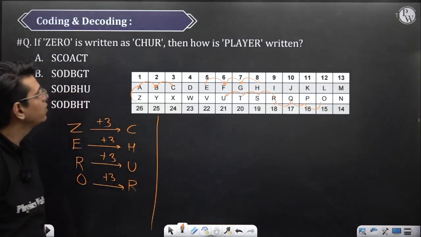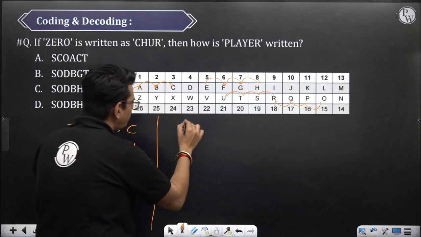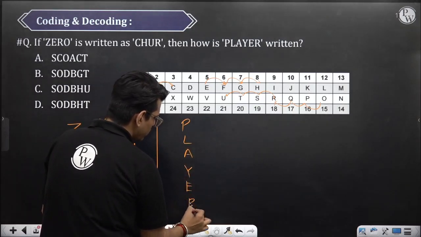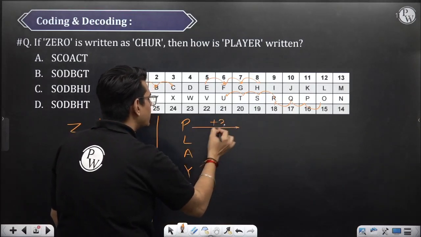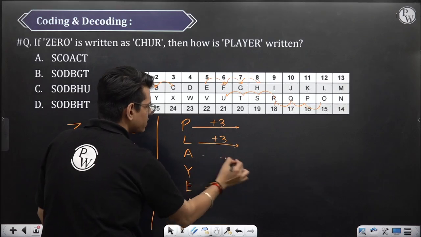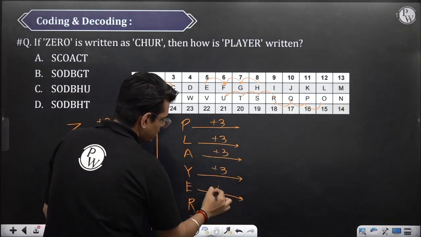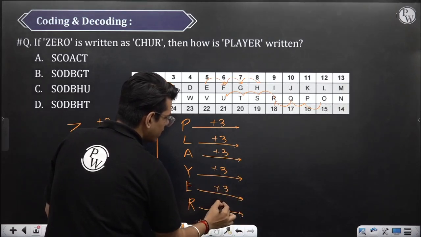This is for 0. Now we need to find play here. So we need to do plus 3 for each of the alphabets. So let's find out what are the values for these.